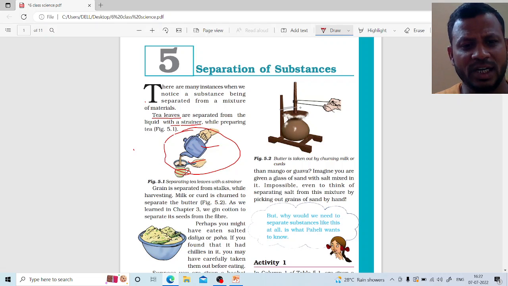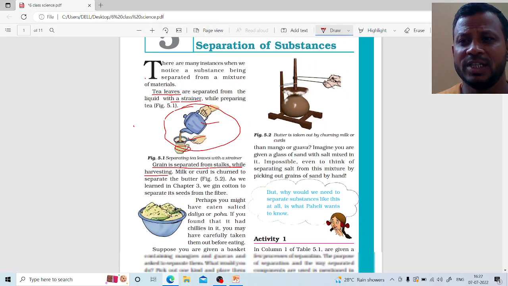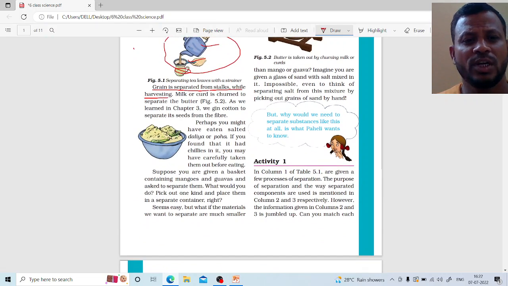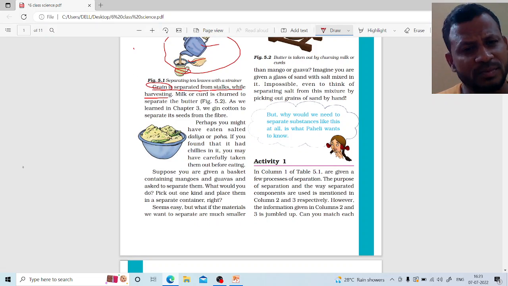You have observed that your mom cleans the grains before cooking them, right? Here, look at that. The grain is separated from the stalk while harvesting, right? It means that when we harvest, we separate the grains from the waste materials.